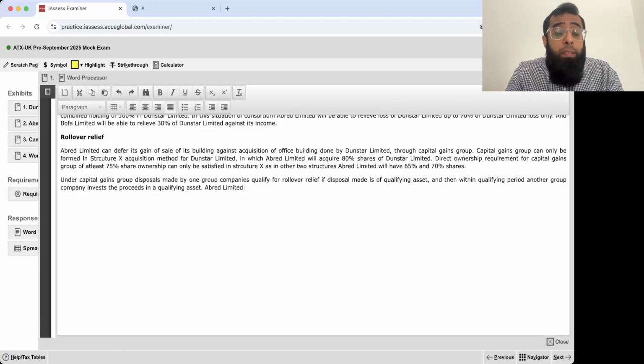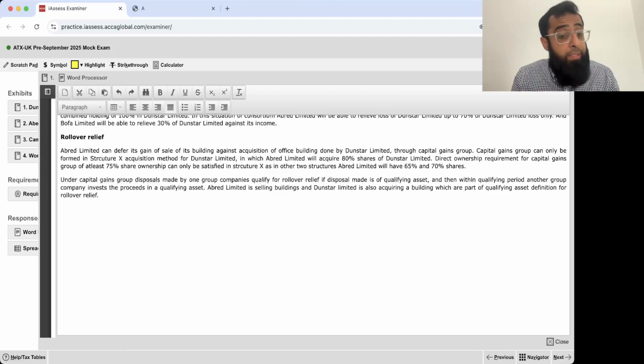Abrid Limited is selling buildings and Dunster Limited is also acquiring a building, which are part of the qualifying asset definition for rollover relief. So yes, first of all, it is a qualifying asset.